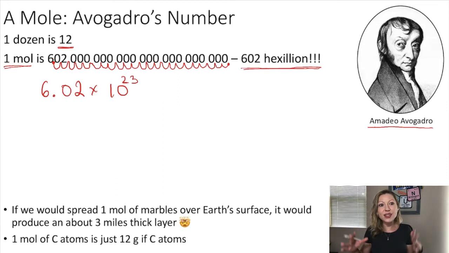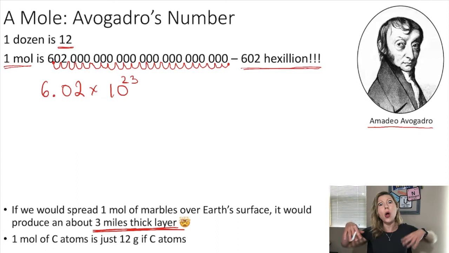Okay, let's put 602 hexillion into perspective. If we would spread 1 mole of marbles, which is 602 hexillion marbles, over the Earth's surface, we would produce about a 3 miles thick layer. That's crazy. That's a lot of marbles.